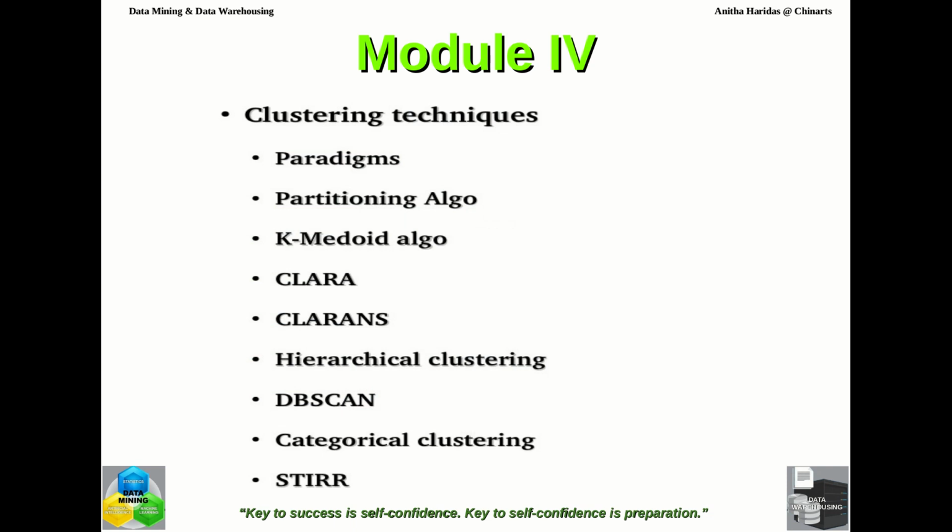Then we talked about the two major approaches of clustering, the hierarchical clustering and the partitional clustering, in which we talked about Agnes and Diana, the two hierarchical clustering techniques. Then under partitional algorithms, we talked about the K-mean, K-medoid, Clara, Clarence, all these algorithms we have covered.